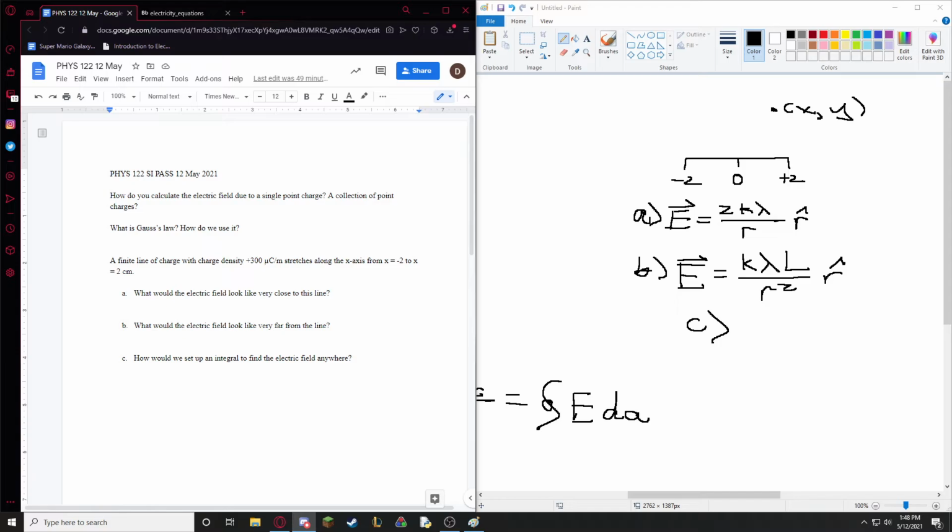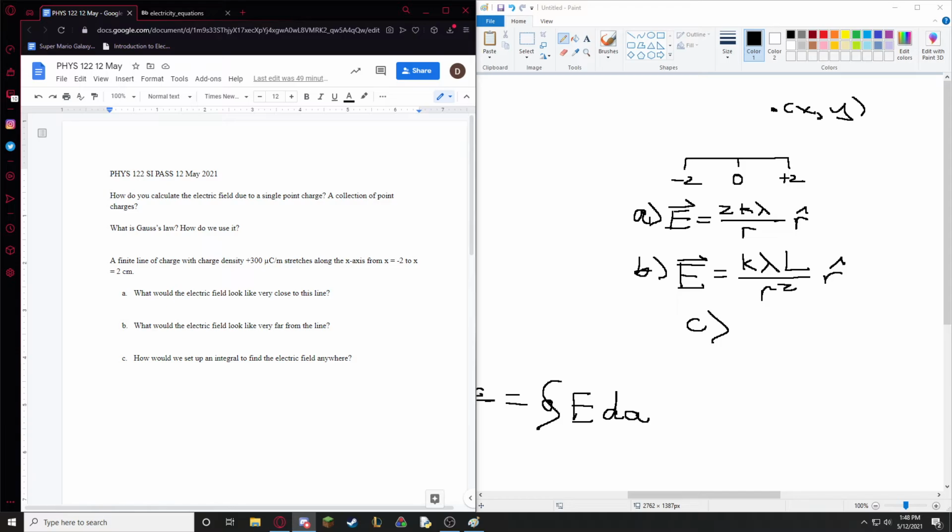Is our charge distribution symmetrical in all directions? No, because it's the line. Oh, I guess not. I guess you couldn't do that. Well, it's a line, but it's a finite line. If it were an infinite line, we could do that. Right, yeah. But it's a finite length.